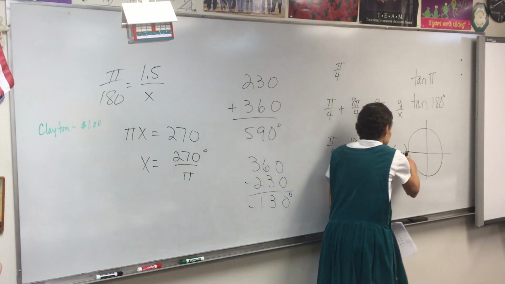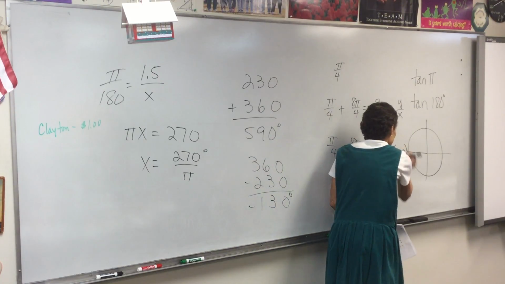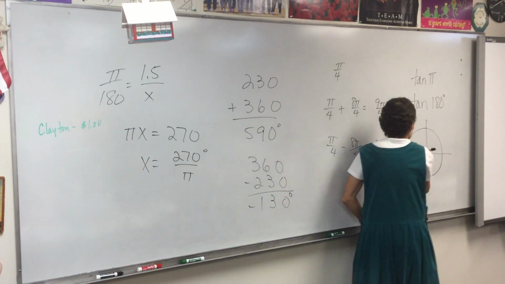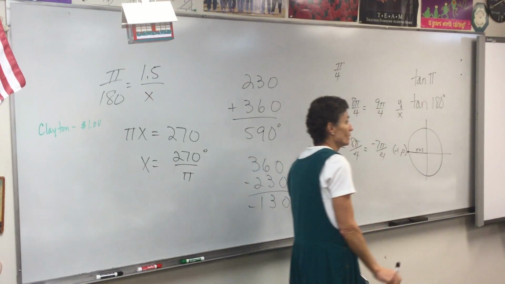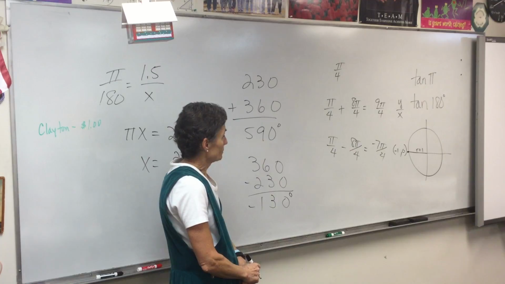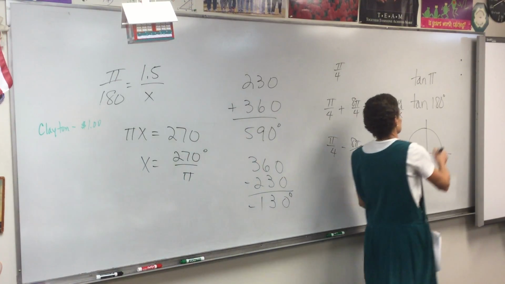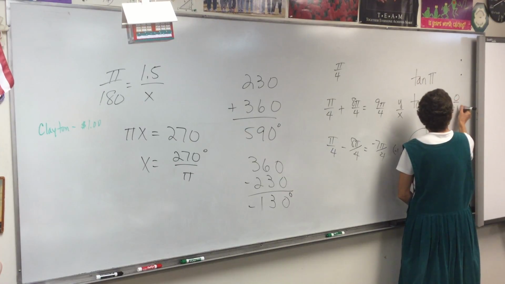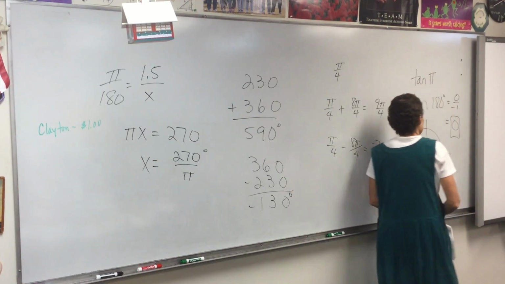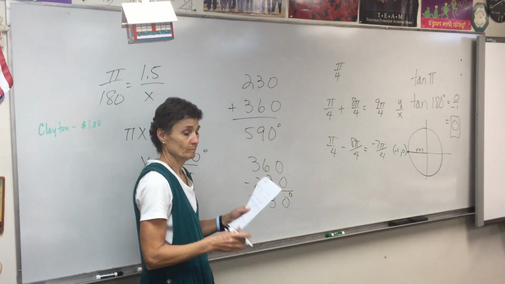What would the coordinates of that point be? -1, 0, if we use a radius of 1. So y over x, 0 over -1, which is 0. So the tangent of 180 is 0.